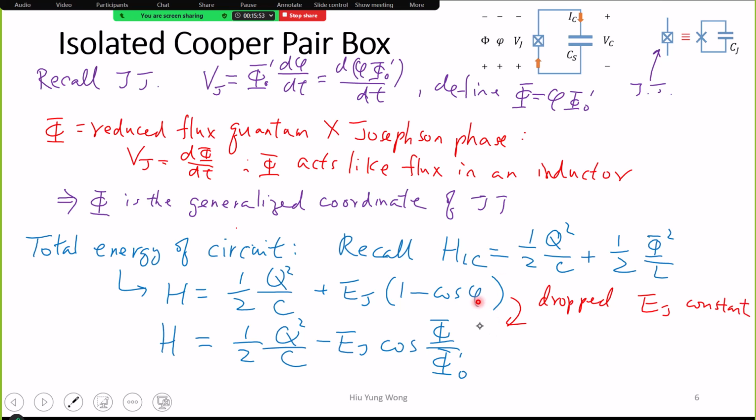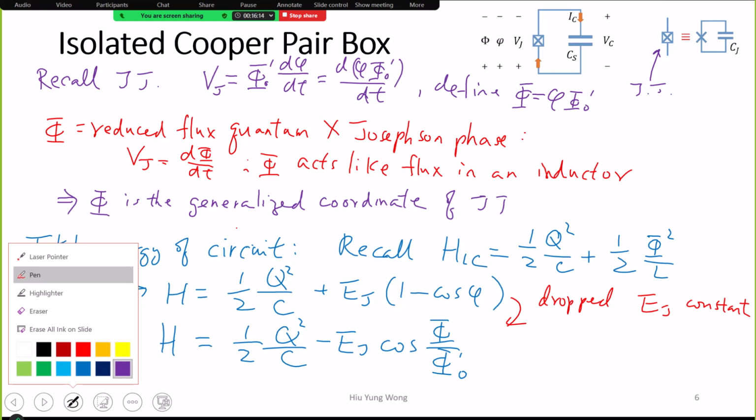I substitute the Josephson phase by phi divided by phi naught dash, which is just this definition. Why do I want to do that? Because now I represent the Hamiltonian in two variables. What are these two variables? What do we call these two variables?